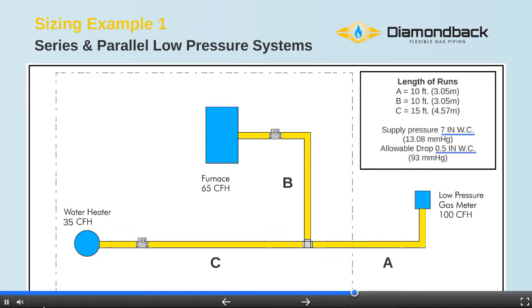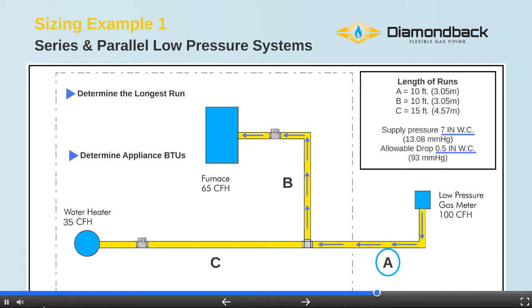To size Section A, determine the longest run. The longest run is the length from the meter to the furthest appliance, and total gas load for each appliance in cubic feet per hour. 1 cubic foot per hour equals 1,000 BTUs. The meter to the furnace is A plus B, which is 10 plus 10 equaling 20 feet.